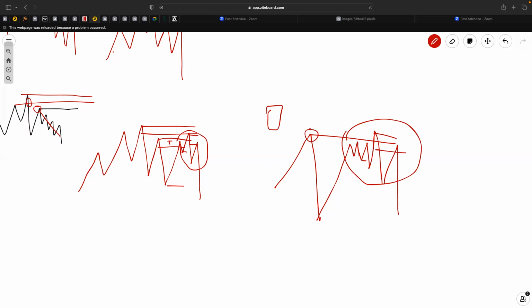But why would you need a POI? It is only if you cannot spot a POI. If you see a POI there, why would you have to ignore it? And what is a POI? A POI has to be a point that invalidates a particular structure or that takes out a certain liquidity that has an imbalance, that is not filled. So if I have an inducement above a clear POI that has an imbalance, then I might not wait for confirmation.